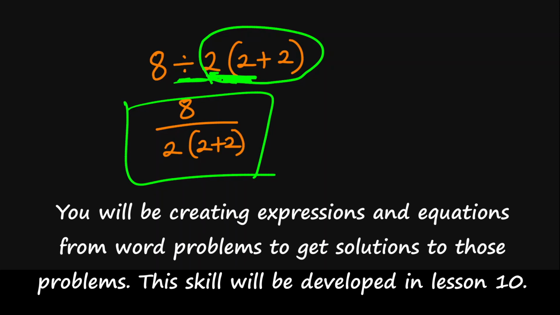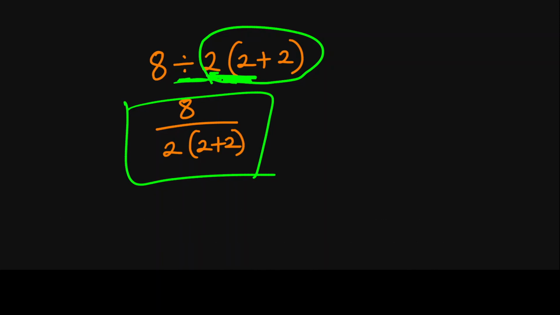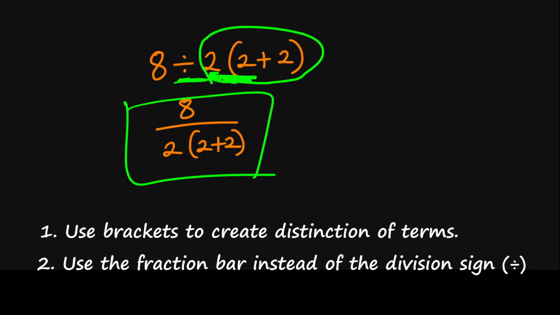Always make sure that your expressions, when you create them from your word problems, are as clear as possible. And how do you ensure they are clear? 1. Use brackets judiciously. Never be tired of using brackets. Secondly, always make sure that you convert any division to this bar, division bar. Division bar is a way to group terms to let us know these ones are above and these ones are below.